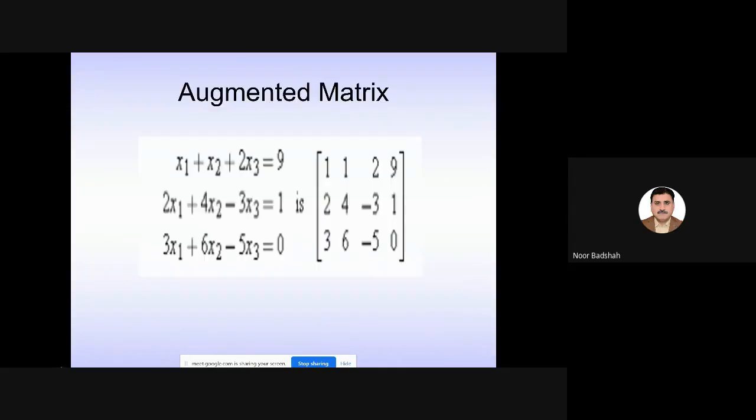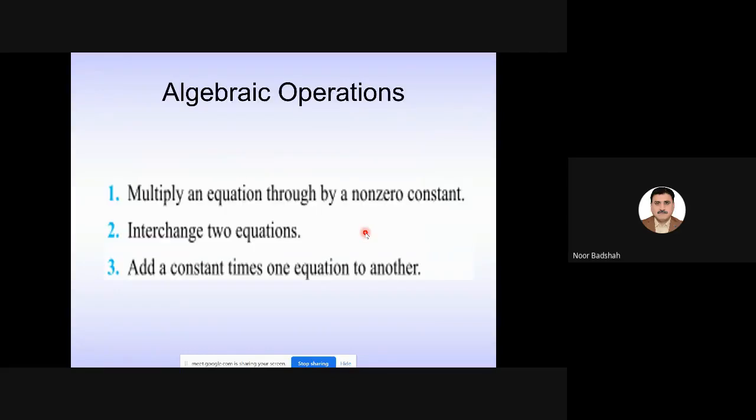If this is a system of equations, that's the corresponding augmented matrix, which we denote by A sub B or the A B matrix. This is the system of equations, and that will be the augmented matrix. You know, there are three row operations. In this case, we are calling them algebraic operations, but later on we convert them into row operations.